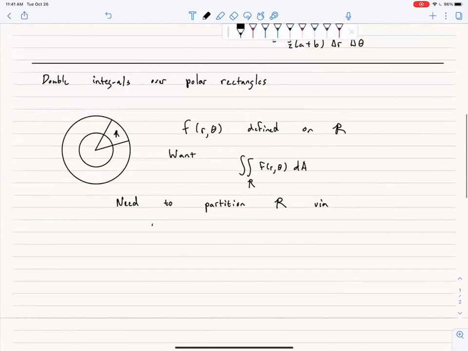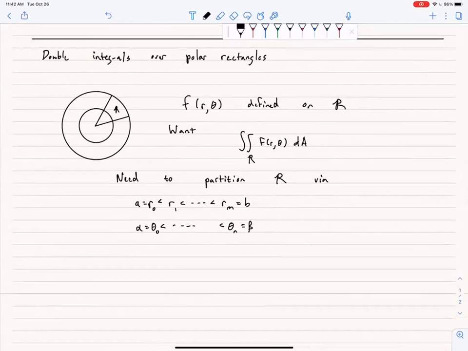So we choose a partition a equals r_0, r_1, up to r_m equals b. And we'll take theta_0 to theta_n equaling beta. And we're going to write down this double Riemann sum.